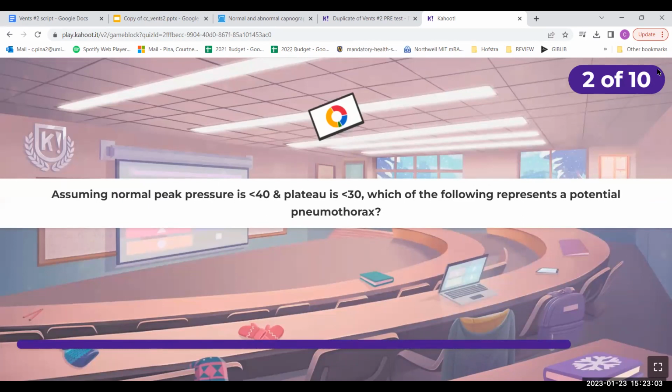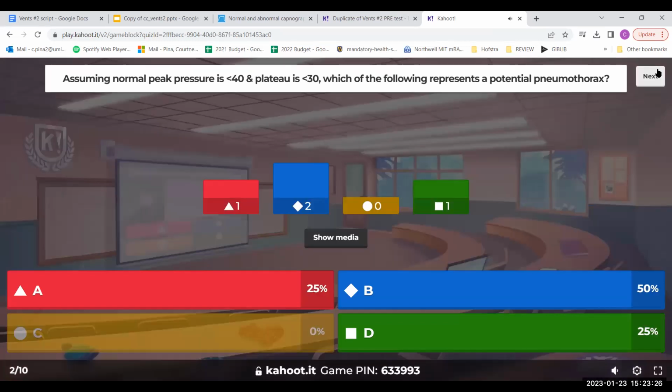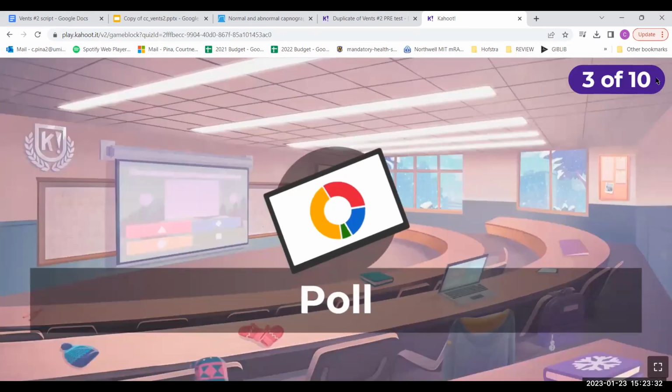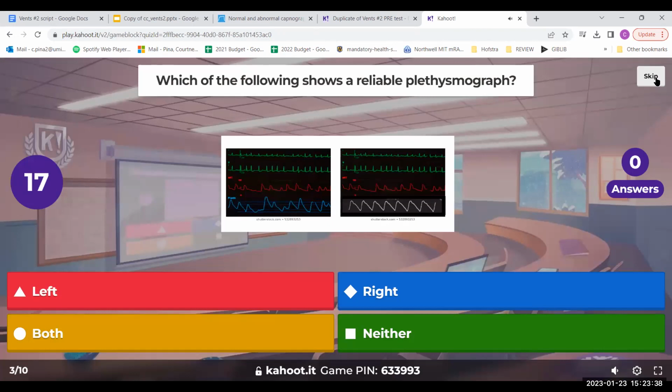So same parameters of peak pressure being less than 40, plateau less than 30, but which one represents a potential pneumothorax? Okay. And we are definitely going to talk a little more about how to define which one's reliable or not.